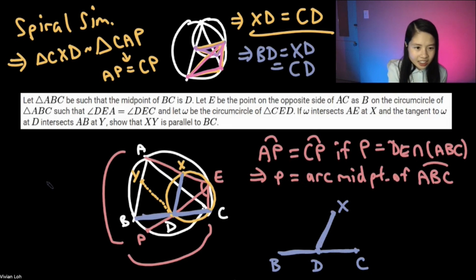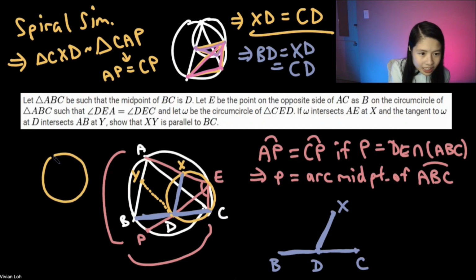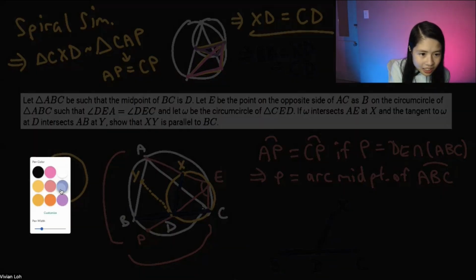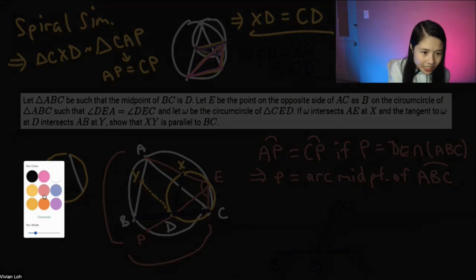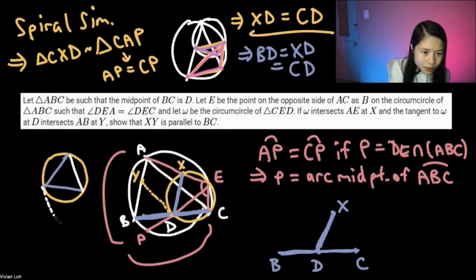to XC, because let's think about it. If we have an isosceles triangle in a circle, and it looks like this, and then we have the tangent to the intersection of the 2 blue sides, then that tangent is going to be parallel to the white line, because this triangle is isosceles.